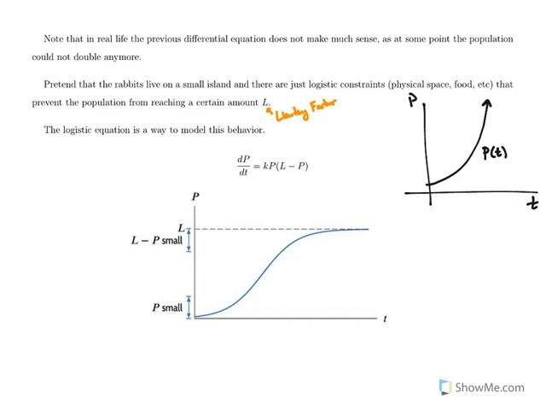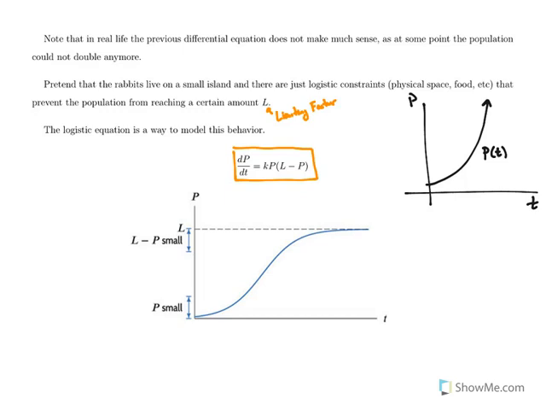And a simple way to model what would actually happen is this logistic equation given by the derivative. So the derivative is going to be given by this K times P, that's similar to what we had before, times something about this limiting factor, L minus P. We can kind of see in this graph what's sort of happening.